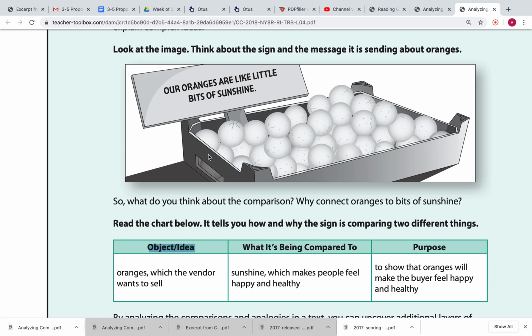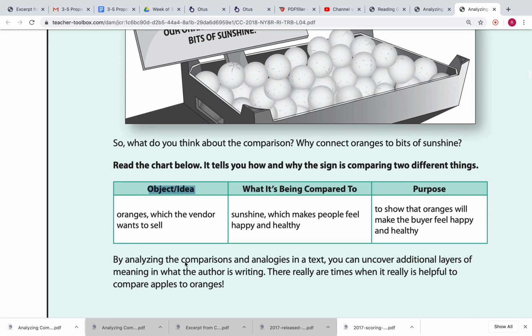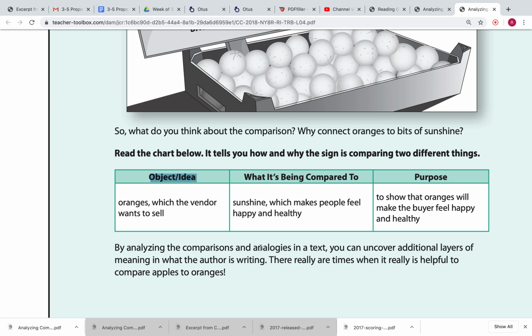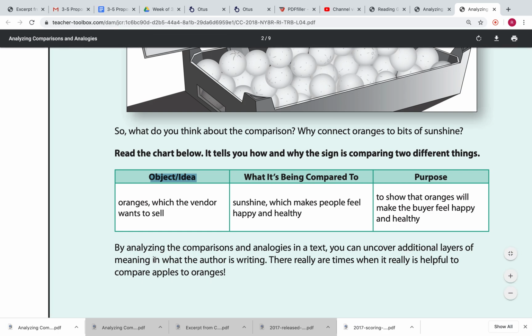So the seller uses that comparison to try to make the buyers more interested in the oranges. So by analyzing the comparisons and analogies in a text, you can uncover additional layers of meaning in what the author is writing. There really are times when it really is helpful to compare apples to oranges.